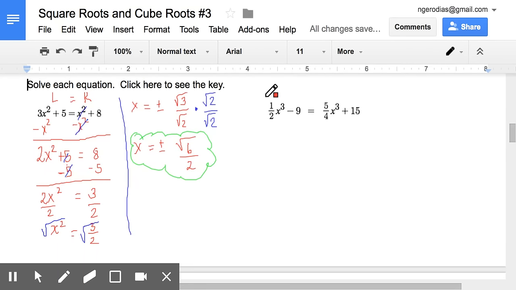So to get rid of the 1/2 from the left side, I'm going to multiply the left side by 2. And whatever I do to the left, I have to do to the right. So I'm going to multiply the right side also by 2. So now we have to remember that when we are multiplying fractions, or when we're multiplying a whole number, we can put a 1 underneath.